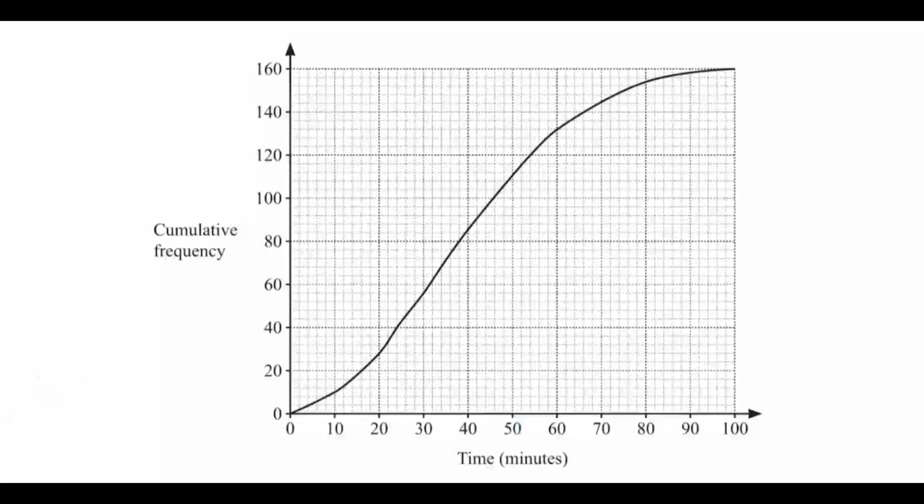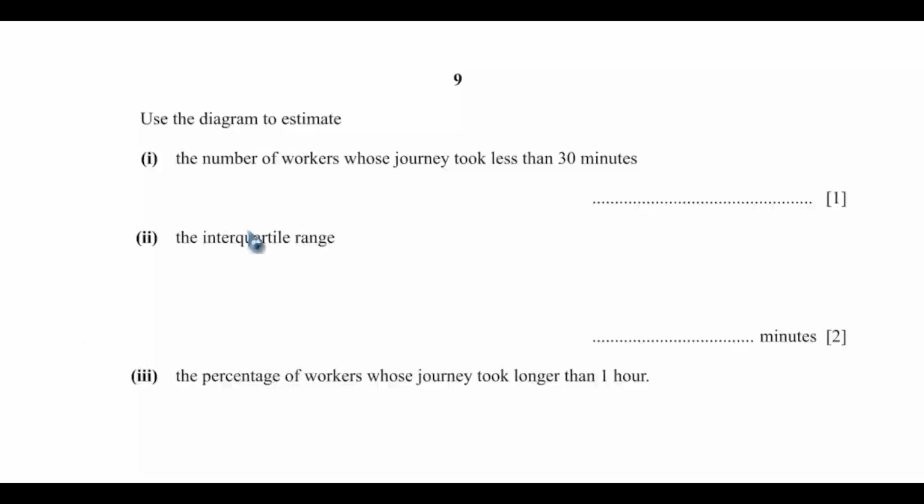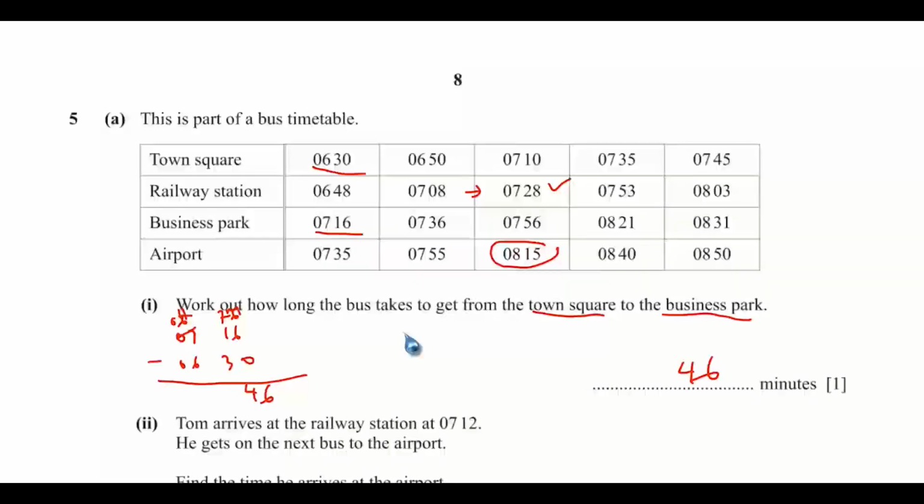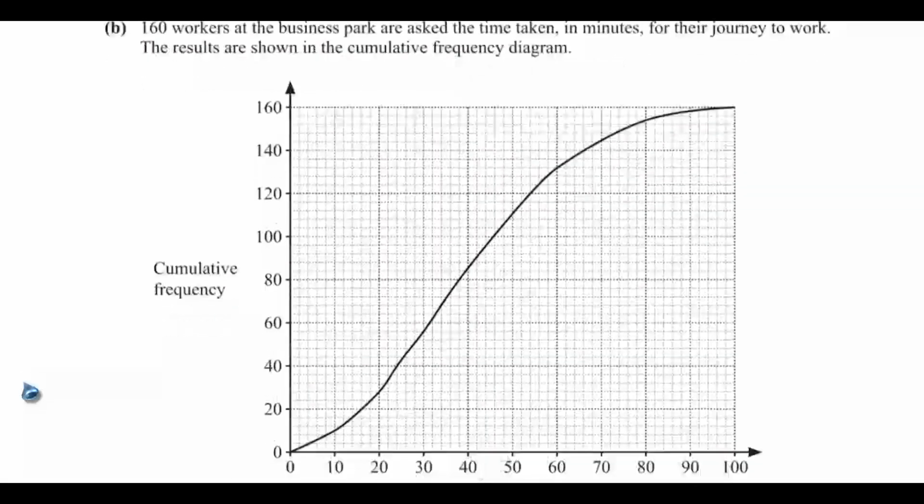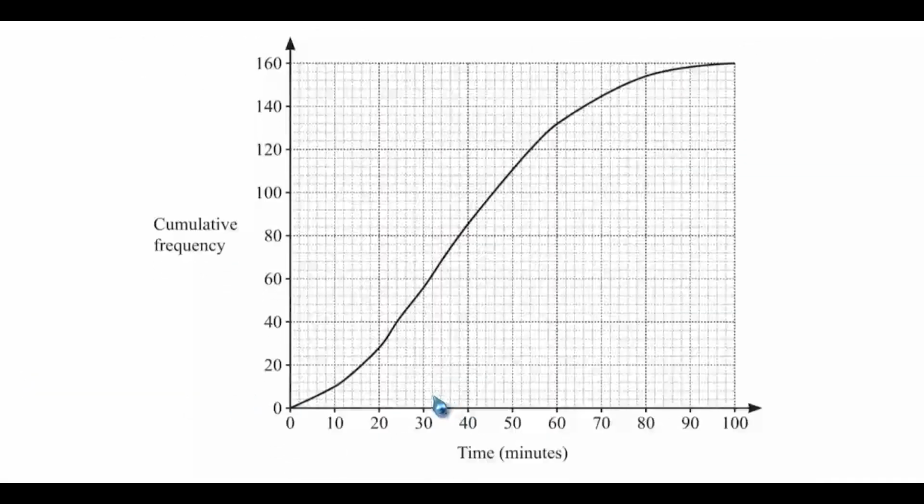Okay, let's see the question again. The number of workers whose journey took less than 30 minutes. So less than 30 minutes will be this particular line. Let's draw it to the grid, to the curve is here. So the value of a line here will be 20 divided by 5, that is 4. So a line is 4.